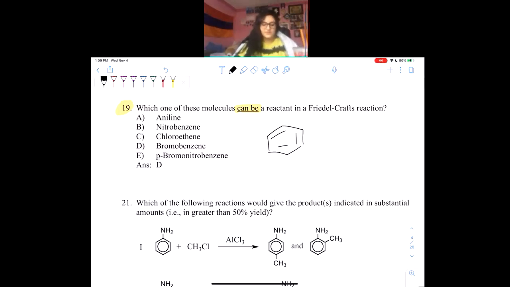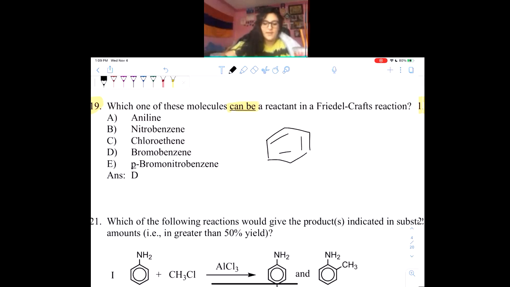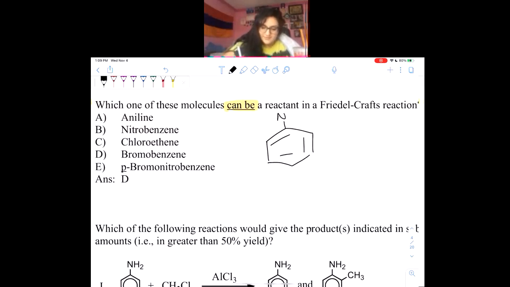One person said they think it's a benzene with an NH2. Do you guys agree? I do. So this is going to be an aniline.